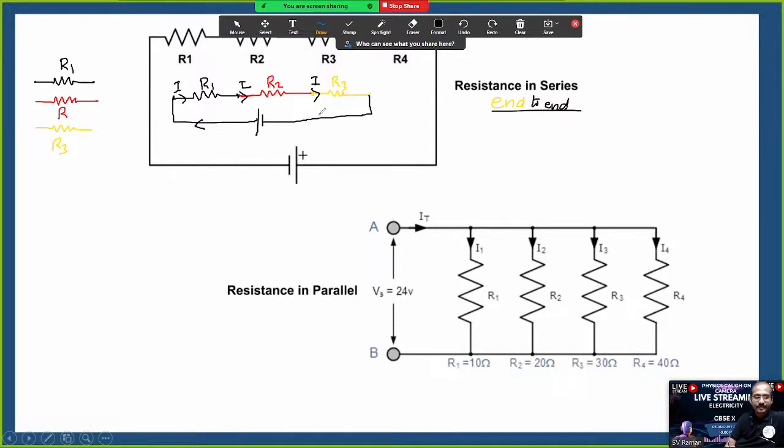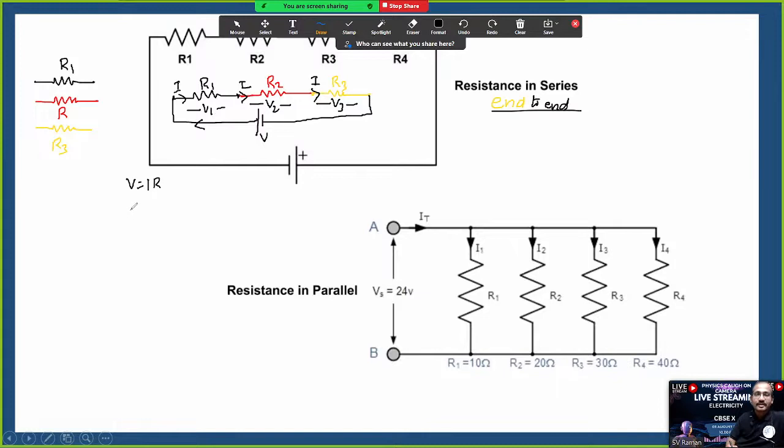Now apply Ohm's law. According to Ohm's law, V is equal to IR. At R1, I is the current and V1 is the potential difference across R1; across R2, V2 is the potential difference; and across R3, V3 is the potential difference.